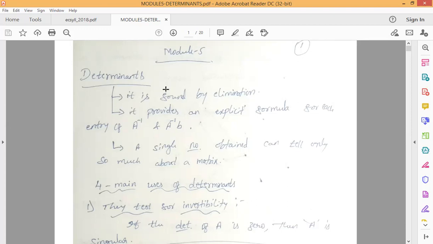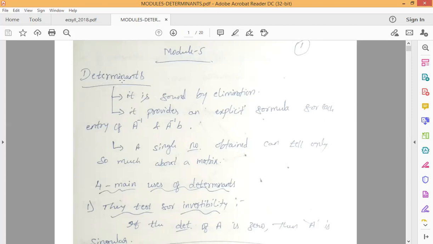Coming to the determinant, as I told, it is nothing but a single value. How are we going to calculate this? This determinant value is going to be calculated by the method of elimination. That is, you are going to apply the row echelon method, whatever we have studied in module 4. Using that concept, the elimination method, we will be able to get the value of the determinant.